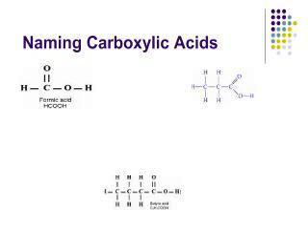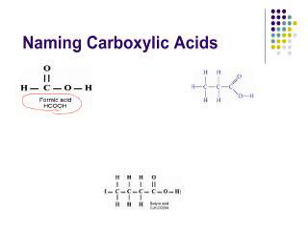The next one, this is formic acid. Now, formic acid was actually isolated from ants. Like you grind up dead ants or live ants, and you can get formic acid. How many carbons are in formic acid? 1. What's the name of a 1-carbon alkane? Methane.